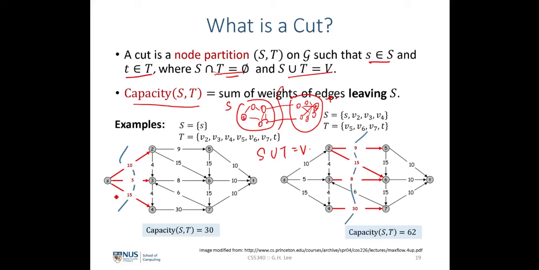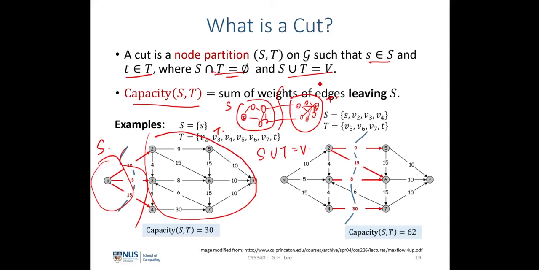Given this graph, which we saw in the previous slide, a valid cut is one where the set S, in this case just the source node, has an intersection with all the nodes in T that is a null set, and the union of these two sets is the whole graph itself.